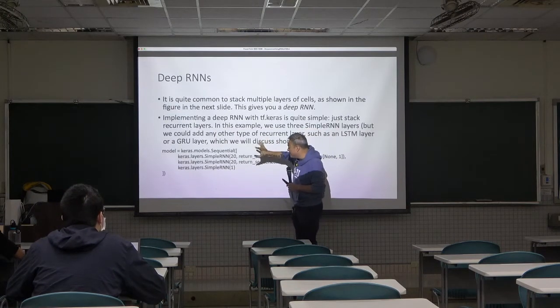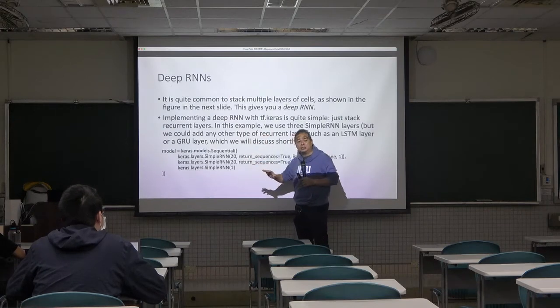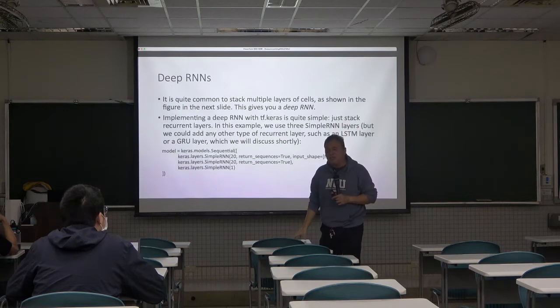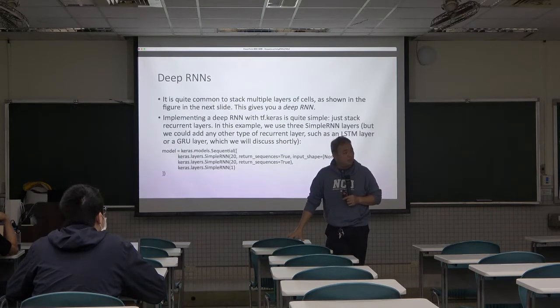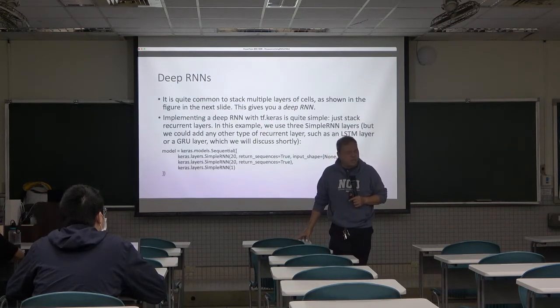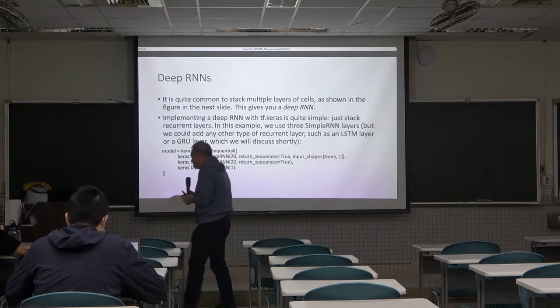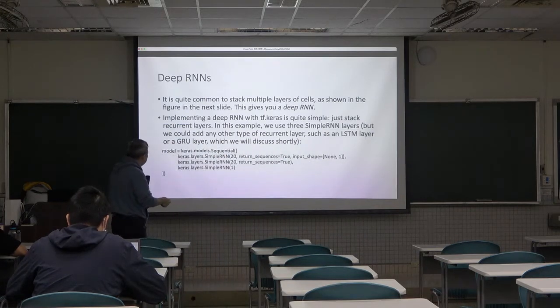The reason to make it like this is just to make sure the number of parameters is roughly the same as the number of parameters in that linear model. The linear model has 51 parameters. For this one, the number of parameters is roughly the same. I should say slightly more, but not by much. So you can train the.